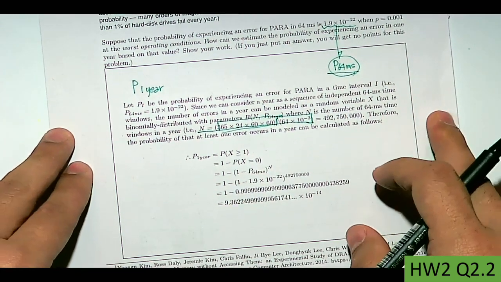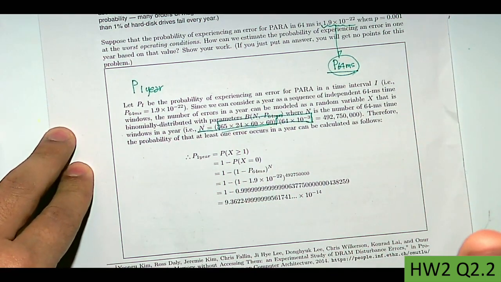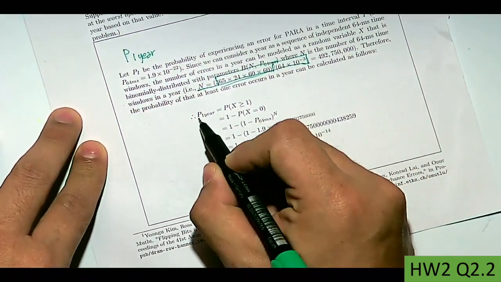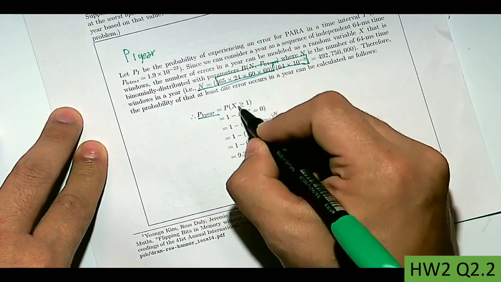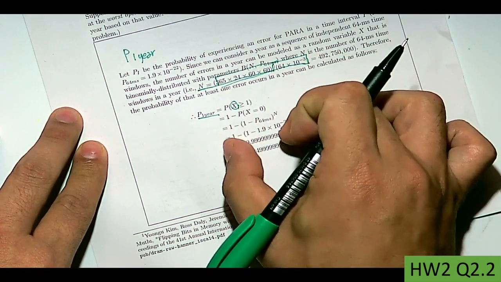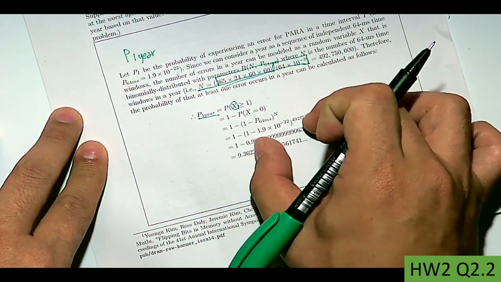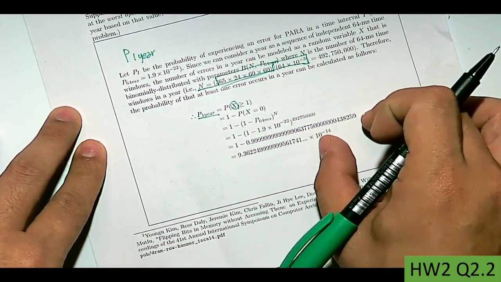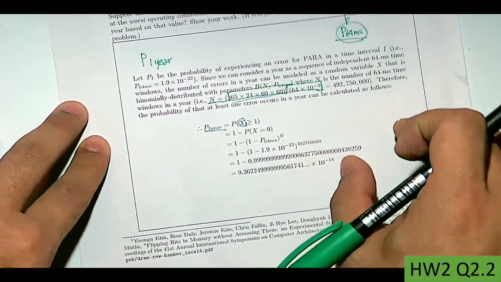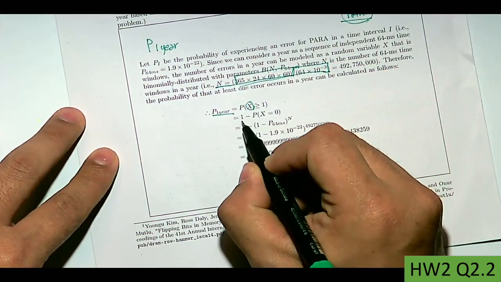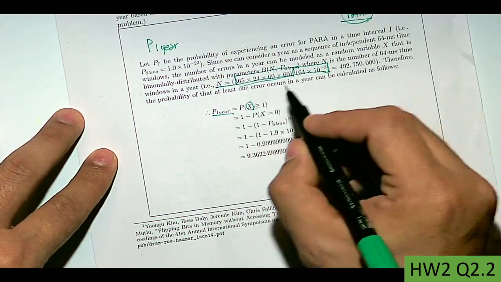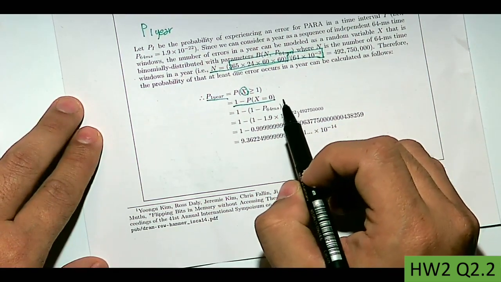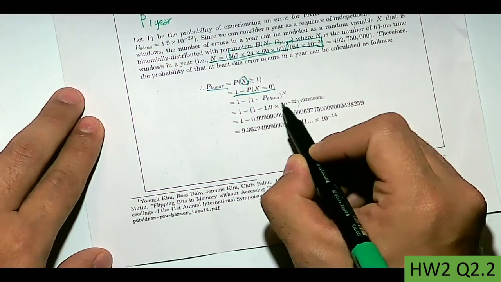Therefore, the probability that at least one error occurs in a year can be calculated: the probability that variable x is larger than or equal to 1. Because x is a discrete value, we can simply write it like this.